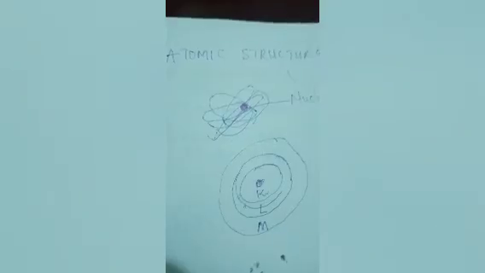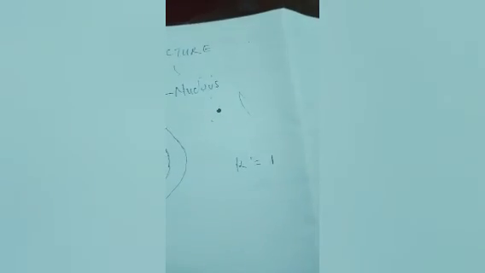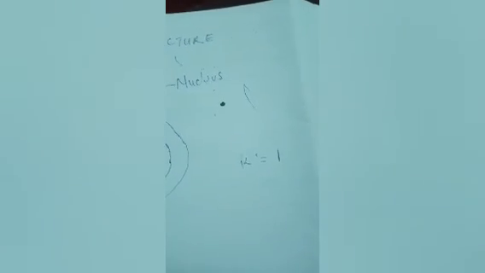So there is a formula which we use in knowing the number of electrons that each shell would carry. For instance, K shell is shell number 1. The formula is 2n squared.